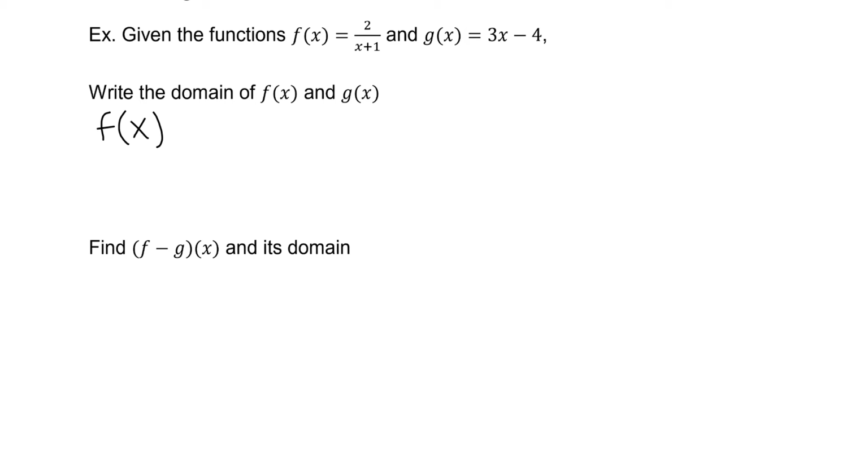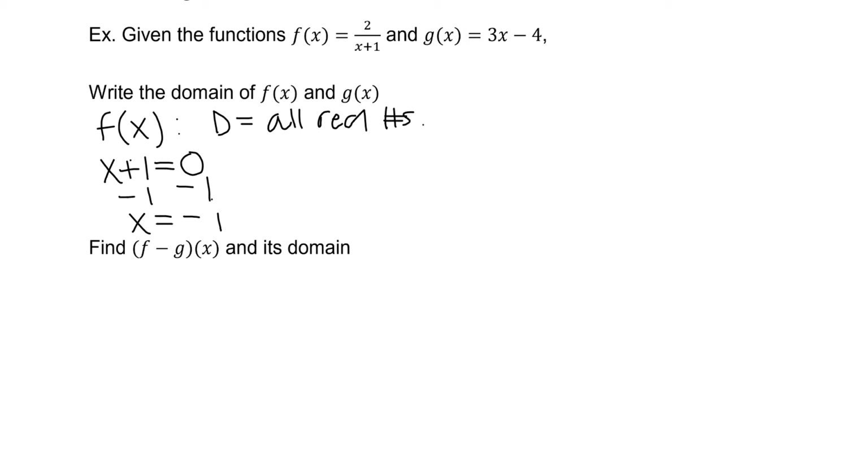So our first function, f(x). Since we have a variable in the denominator, its parent function would be the rational function. And from section 1, we know rational functions are not defined when the denominator is 0. So I have to figure out when the denominator is 0. So when does x + 1 equal 0? Well, I subtract 1 from both sides. It's when x equals negative 1. So for f(x), its domain is all real numbers except when x is negative 1. So x cannot equal negative 1.